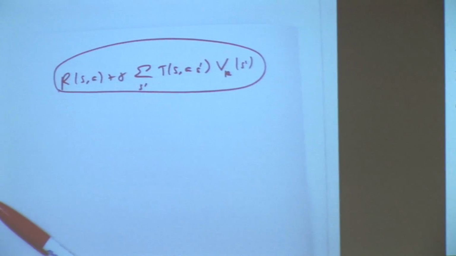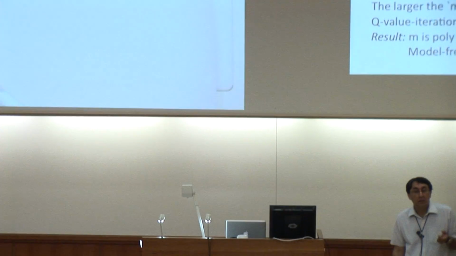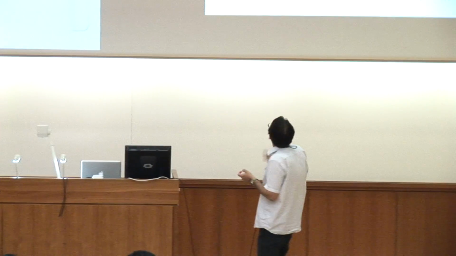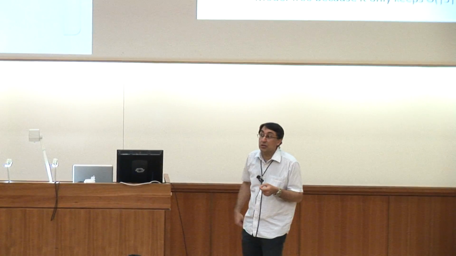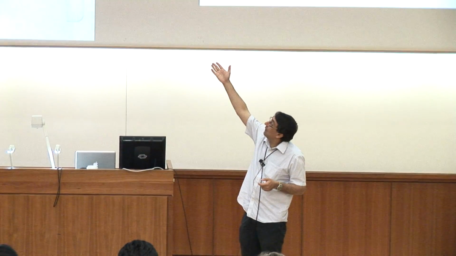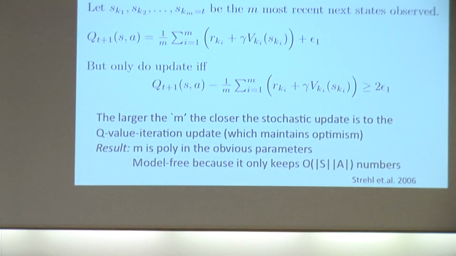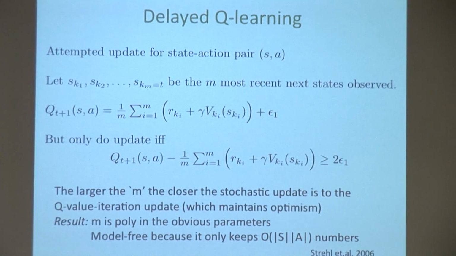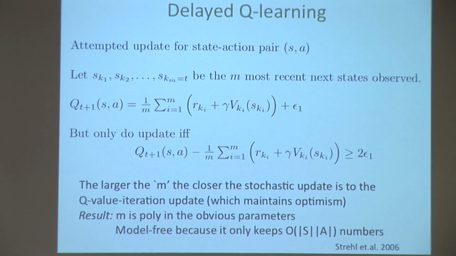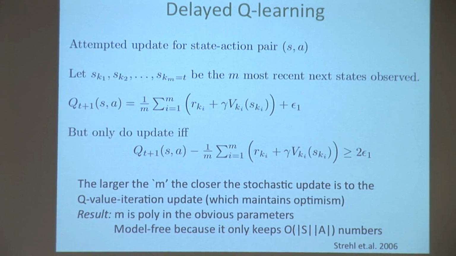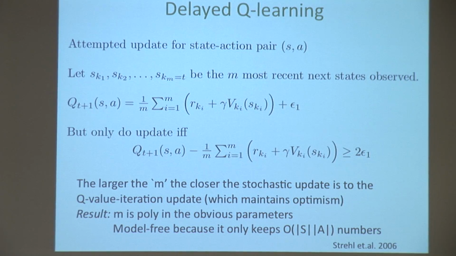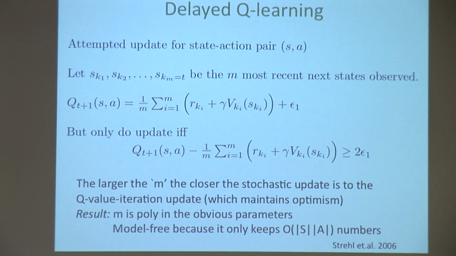So I can ask, how big should m be so that this empirical m-step average is within epsilon 1, or within epsilon 1 by 2, of what that would have done? And then if I add an epsilon 1 to it, I'm with very high likelihood maintaining optimism. Oh, that requires one more concept, right?